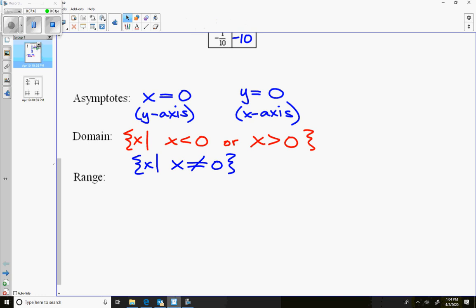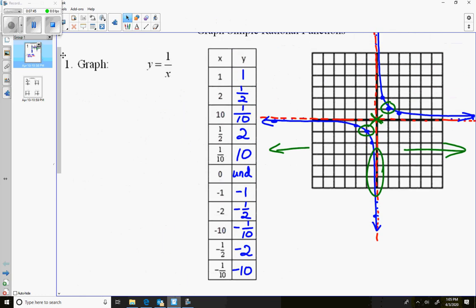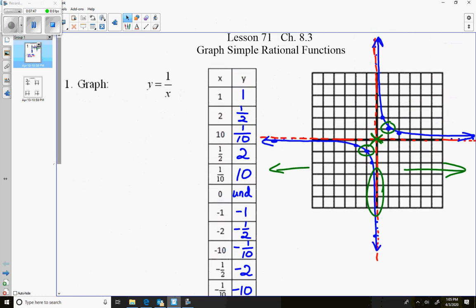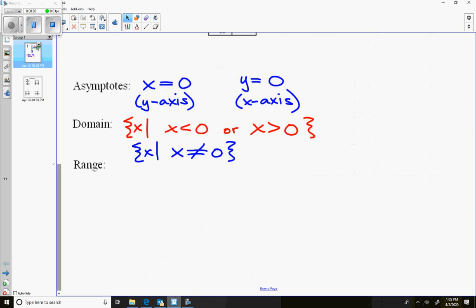Now what about the range? Same idea. It clearly goes up forever. It clearly goes down forever, but it is not defined right there at that asymptote, which happens to be a y value of 0. So what is our range?